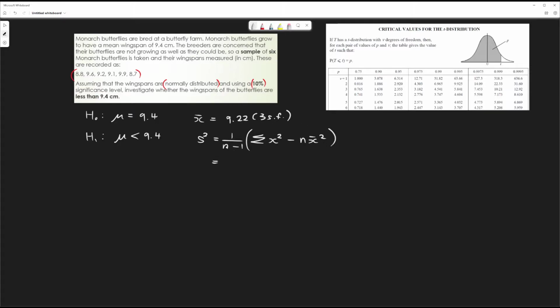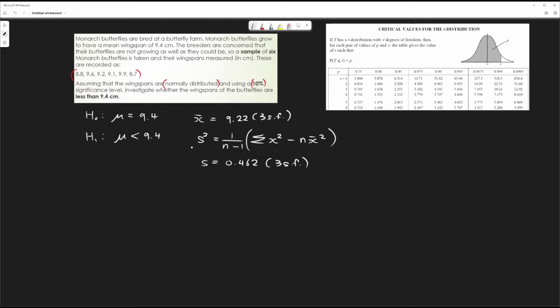Okay, so in this case, if you work this out correctly, you should get S as 0.462. Again, this is in 3 significant figures.